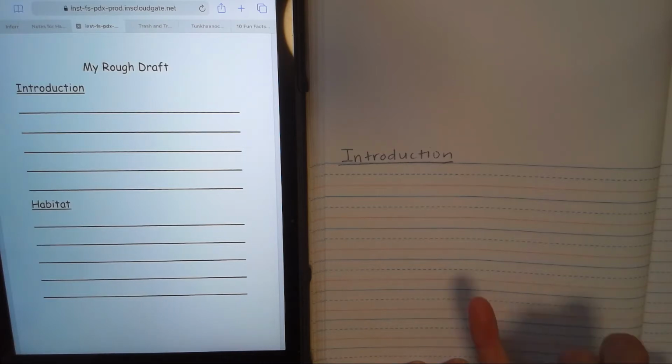And remember, our rough draft is not our final copy, so we can make mistakes, we can spell words wrong. If we want to come back and add another sentence in, we can do that, because we will. And we will be revising. So that means we'll be changing our mistakes and fixing them.